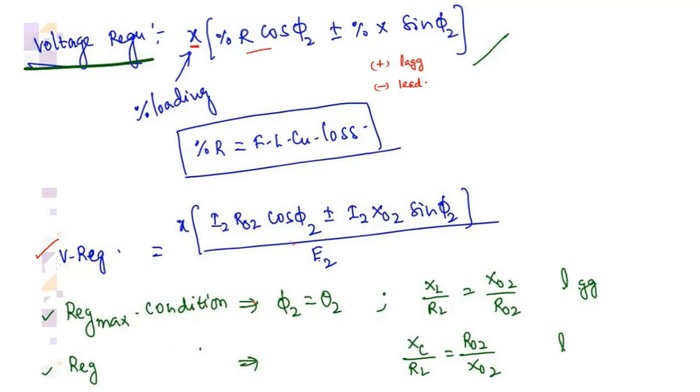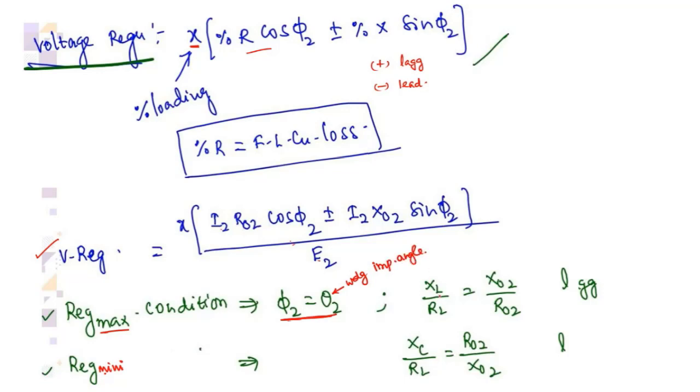And here you need to consider the condition for maximum regulation and the condition for minimum regulation. So if you want maximum regulation, the load power factor angle must be equal to the internal impedance angle. This is the internal or winding impedance angle.